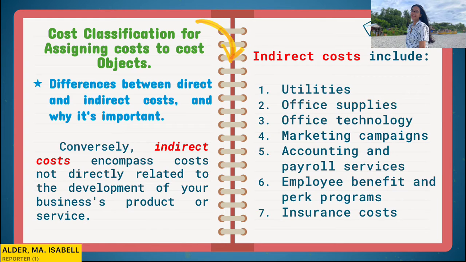Conversely, indirect cost encompasses costs not directly related to the development of your business's products or services. Indirect costs include your utilities, office supplies, office technology, marketing campaigns, accounting and payroll services, employee benefit and perk programs, and lastly, insurance cost. So that would be all for cost classification for assigning cost to cost objects.